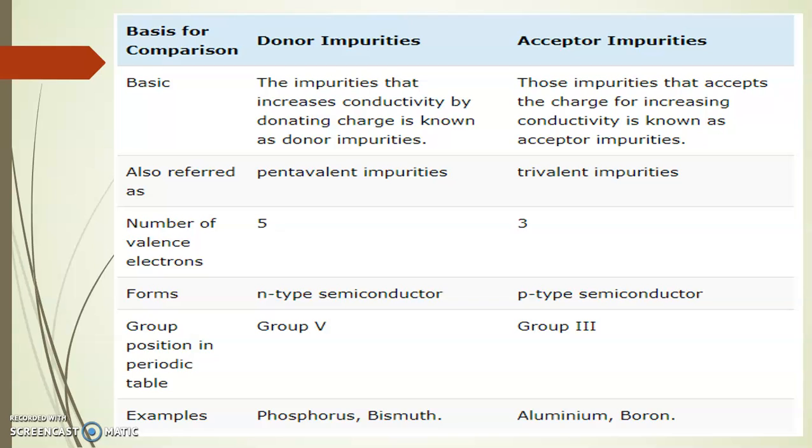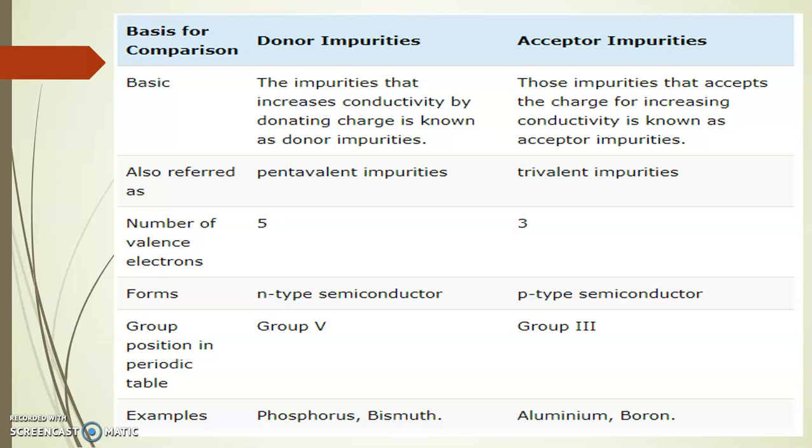Those impurities that accept charge for increasing conductivity are known as acceptor impurities. Donor impurities are referred to as pentavalent impurities, and acceptor impurities are referred to as trivalent impurities. Now penta means 5, tri means 3.